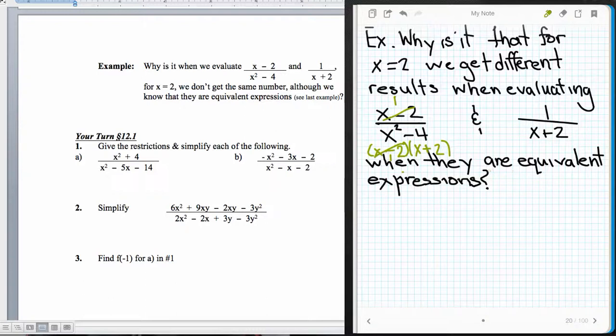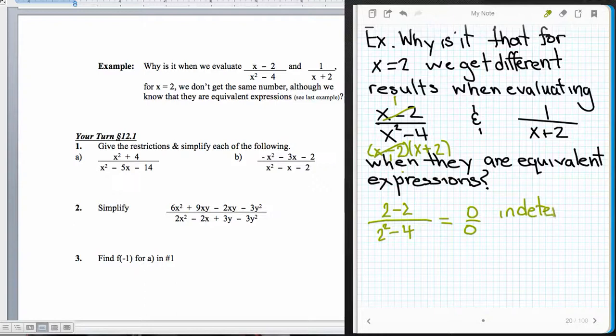Which means they're equivalent expressions. However, if we were to evaluate when x equals 2, in the first one I would get 2 minus 2 over 2 squared minus 4, and so what I would end up with is a 0 over a 0. And if you remember right, this is something called indeterminate.